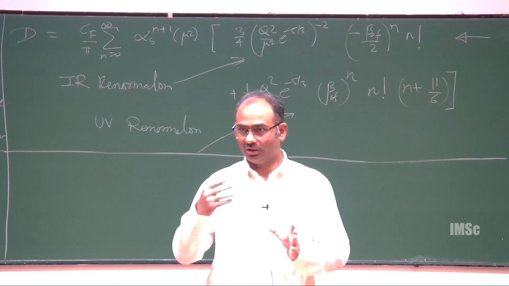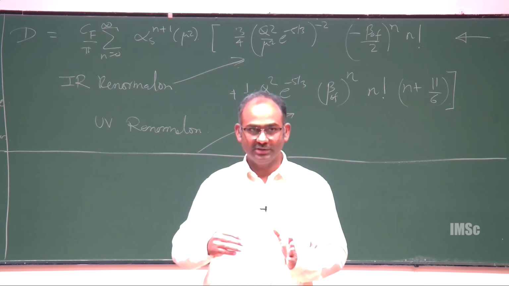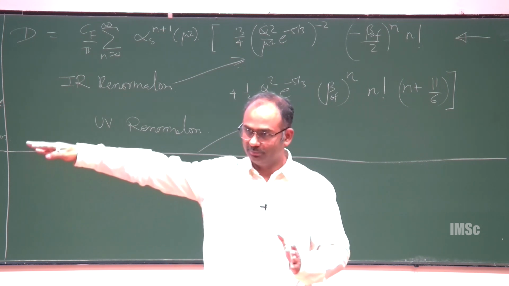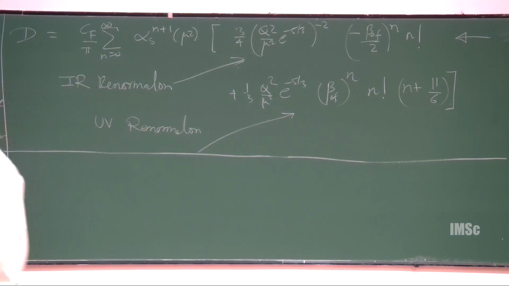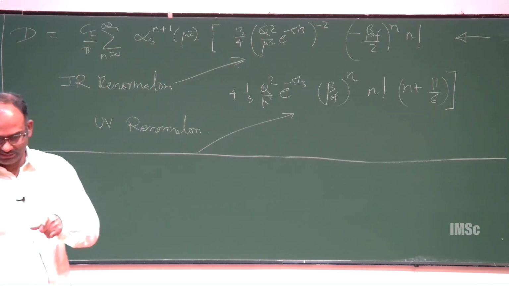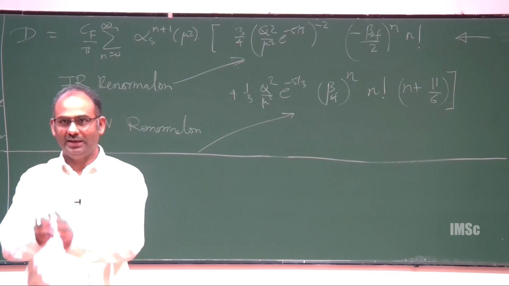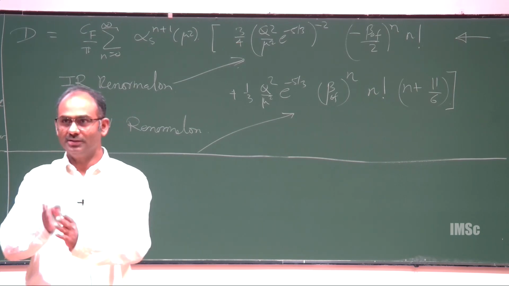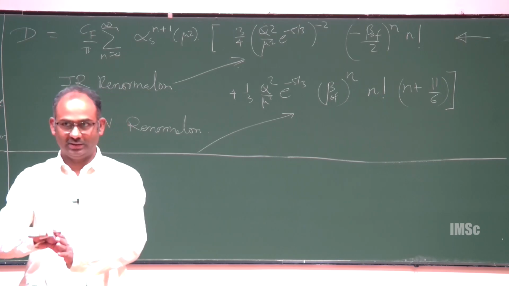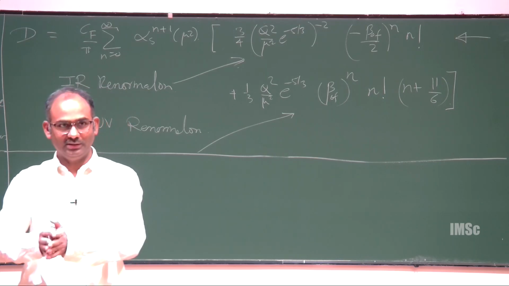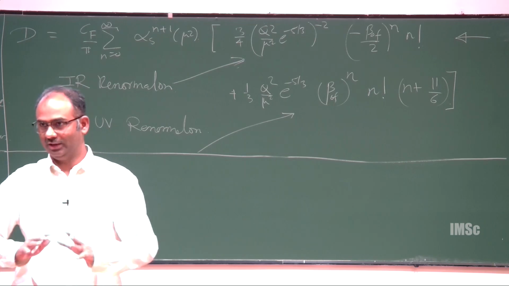It also got better as you included a few more terms, but eventually it gets bad. We also argued that the best estimate you can get is by stopping at the term in the asymptotic expansion which has the lowest value. You keep all terms before that, excluding this one, and the smallest term gives you the estimate of the error you have.